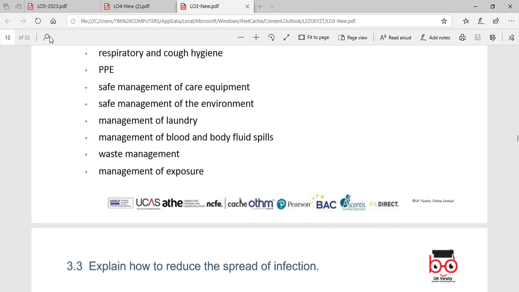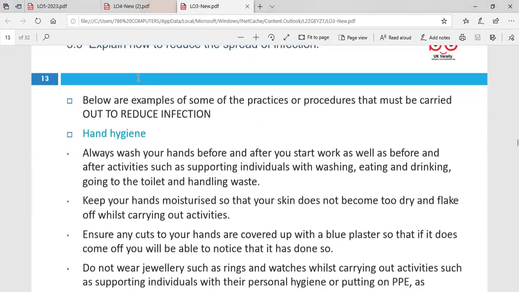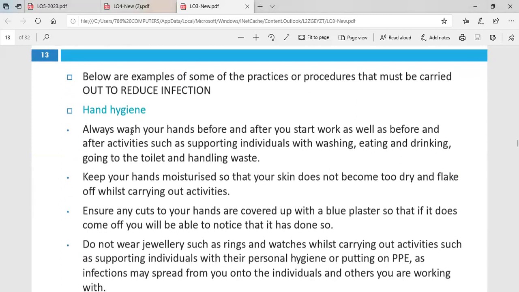Any respiratory diseases. Anything else? The GI tract, the gastrointestinal tract. Those are also spread orally, isn't it? So you have a chance of limiting those spreads also if you're performing hand hygiene. So there's certain examples how to reduce infection.